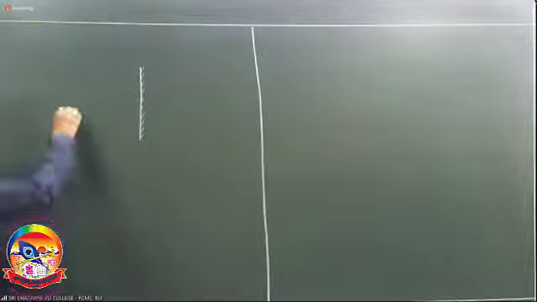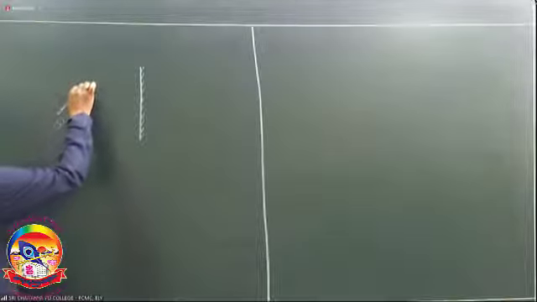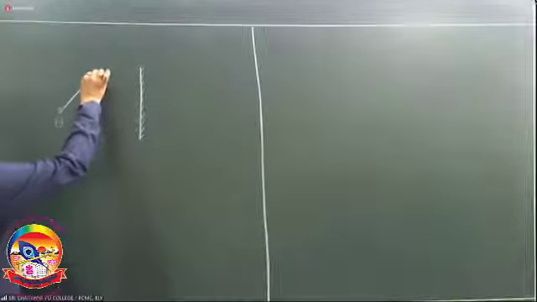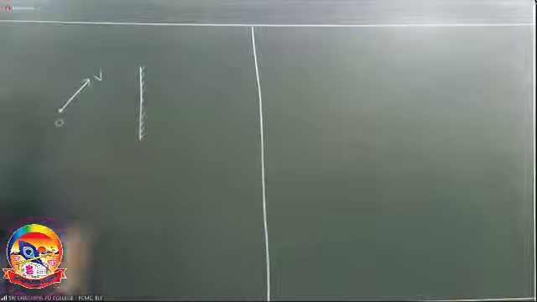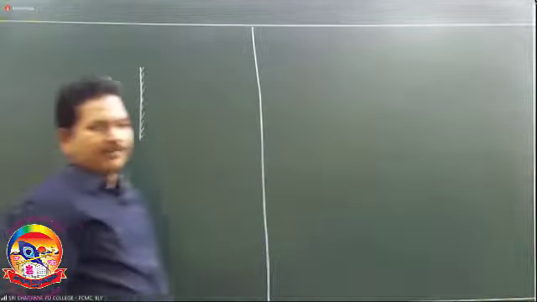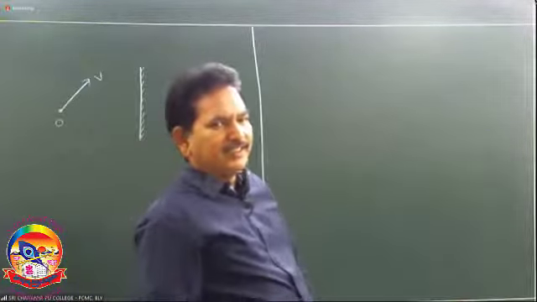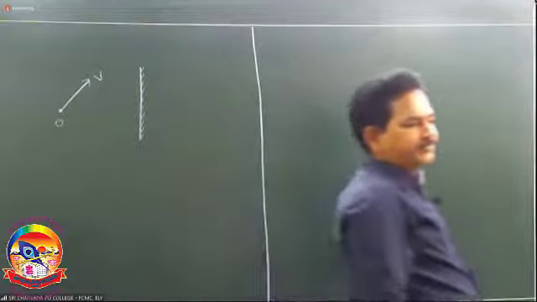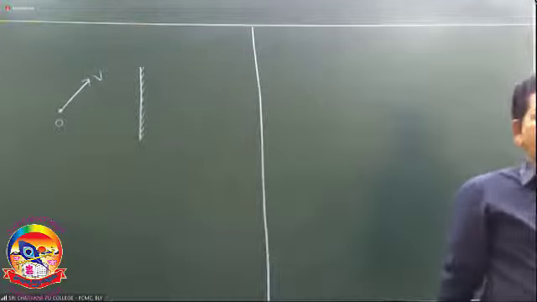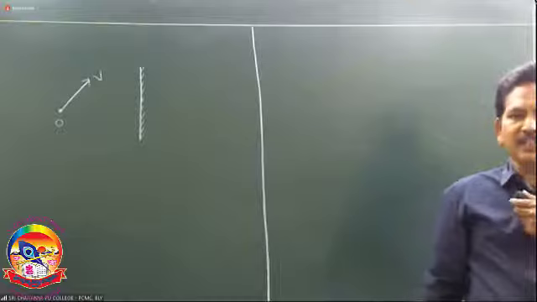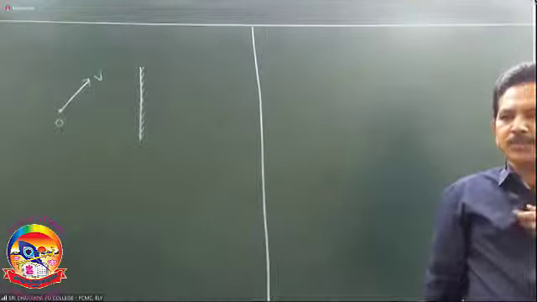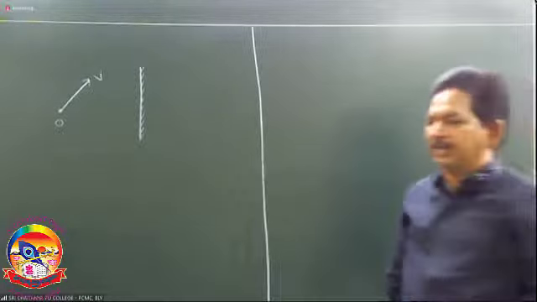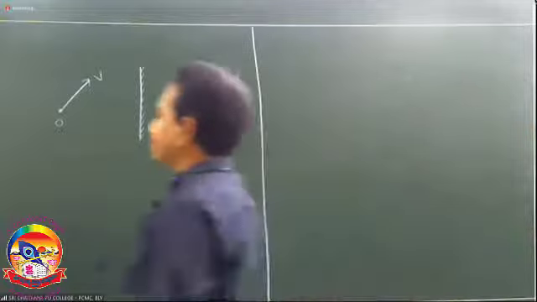Before ending the class, I discussed that whenever the velocity is not in one dimension, what happens to the velocity? How do we calculate the velocity of the image?